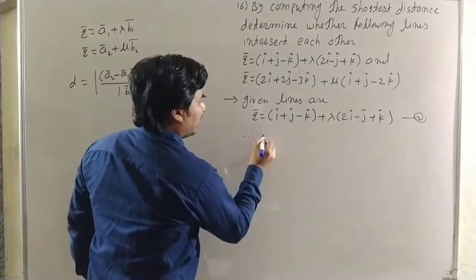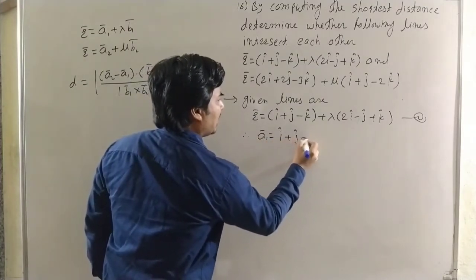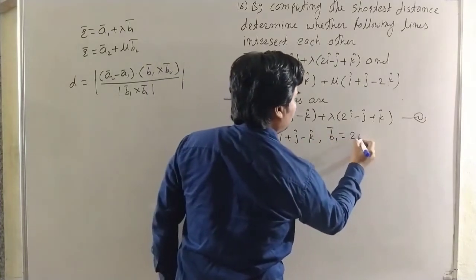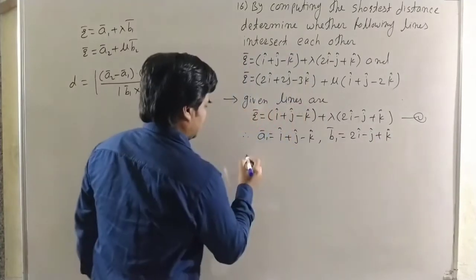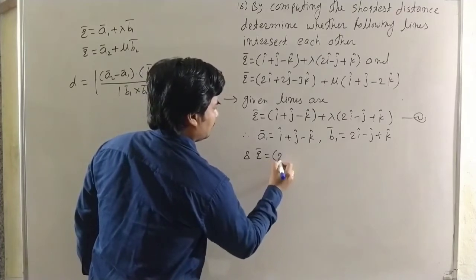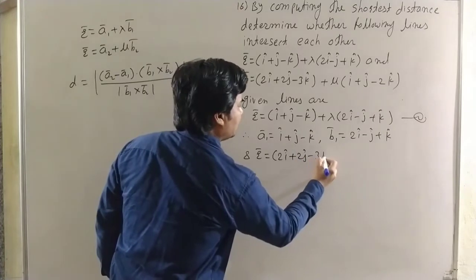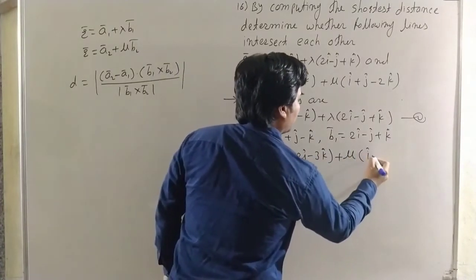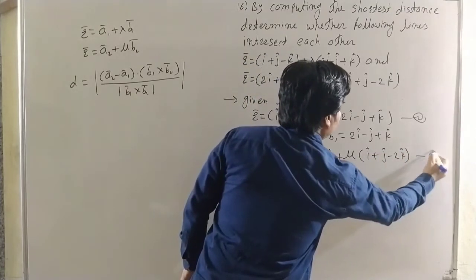Therefore we can write a1 is equal to i cap plus j cap minus k cap, and b1 is equal to 2i cap minus j cap plus k cap, and the second line is r bar is equal to 2i cap plus 2j cap minus 3k cap plus mu into (i cap plus j cap minus 2k cap). It is equation number 2.